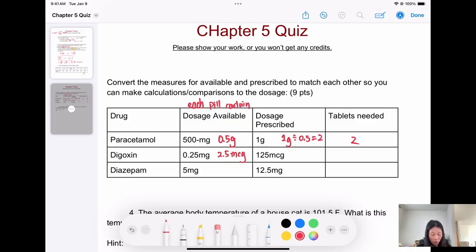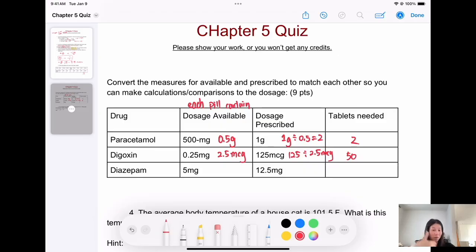So if the total dosage I need is 125 micrograms, and each tablet contains 2.5 micrograms, then the total amount that I need is 125 divided by 2.5. This is equal to 50.